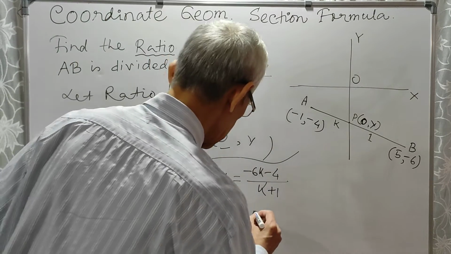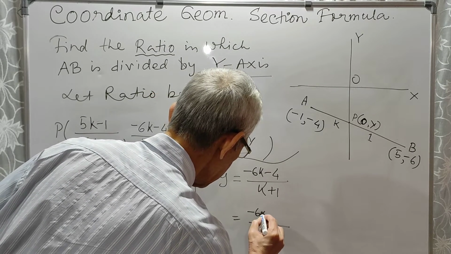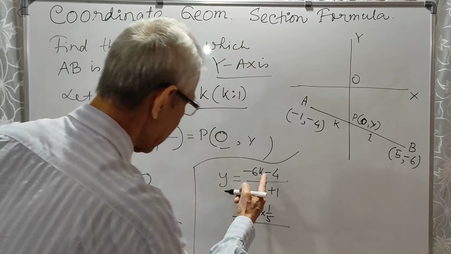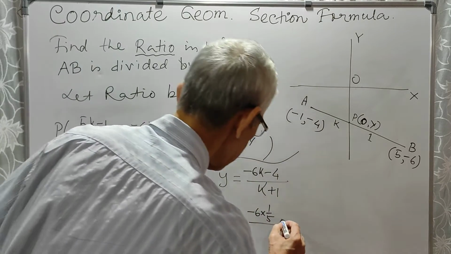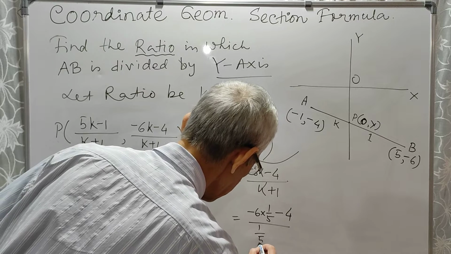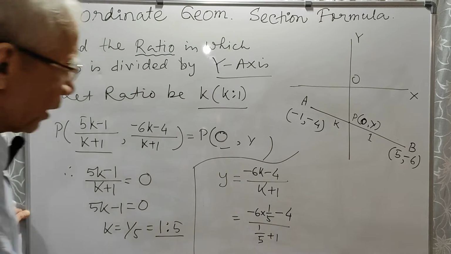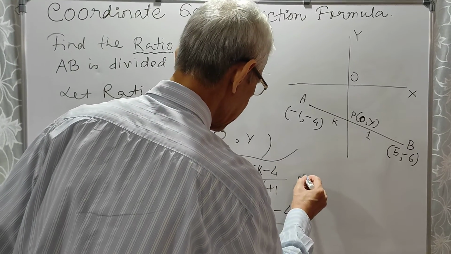So this equal to minus 6 into 1 by 5, k value is 1 by 5, minus 4, then 1 by 5 plus 1. Okay. Now let me show here.